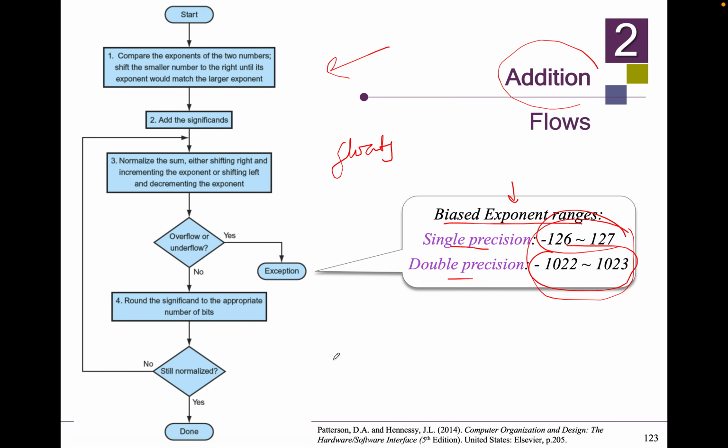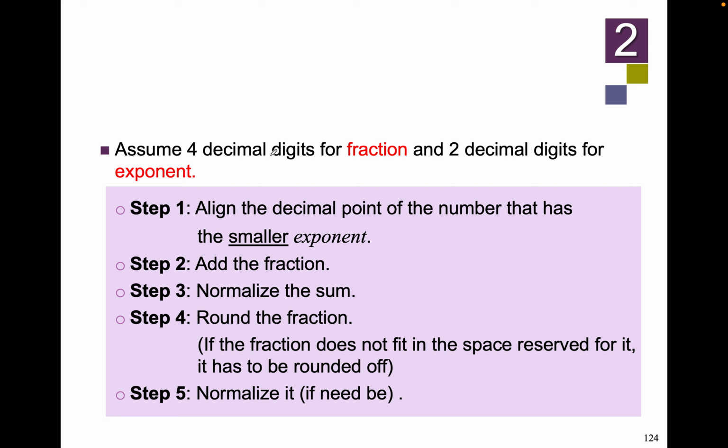So instead of this flowchart, we can simplify it using several steps. You're going to assume 4 decimal digits for the fraction and 2 decimal digits for the exponent. Step by step. Step number 1, you need to align the decimal point of the number that has the smallest exponent.